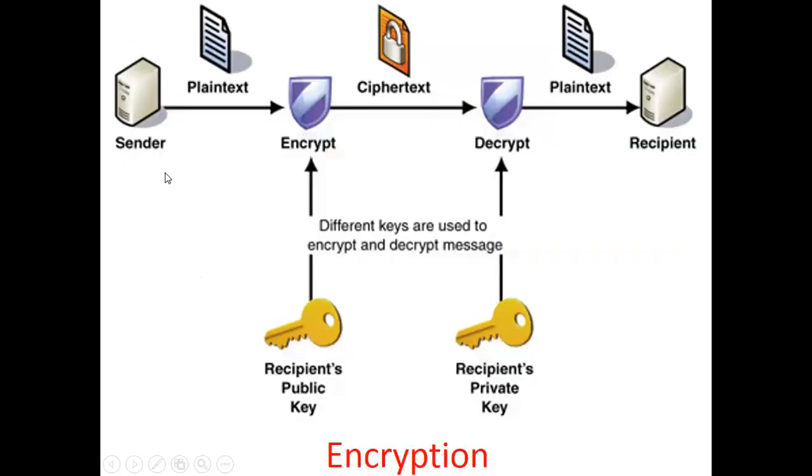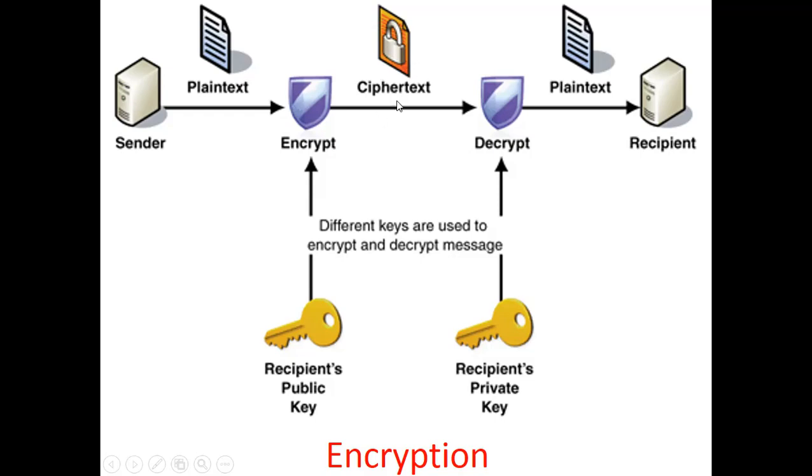First of all, let's understand the process of encryption. Here, the sender has plain text. Then the sender applies an encryption method on it. Due to that encryption method, this plain text converts into ciphertext, which is in a completely unreadable format.